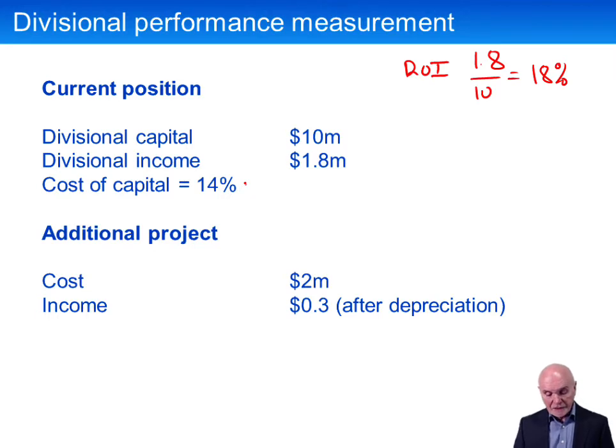And now the manager is saying, what would happen if I took on this additional investment? So the ROI would then become as follows. So the income, instead of being 1.8, would be 1.8 plus 0.3.